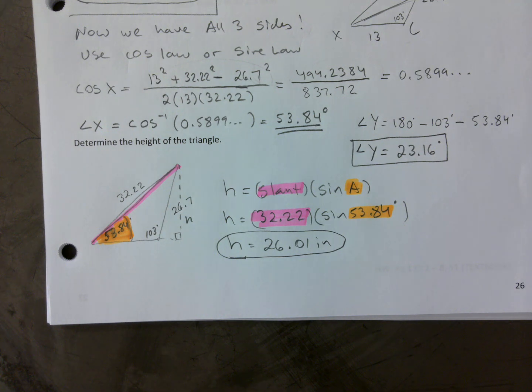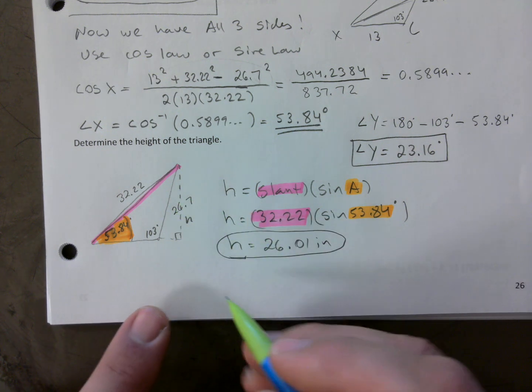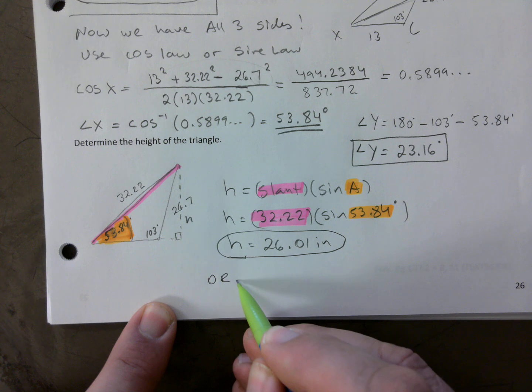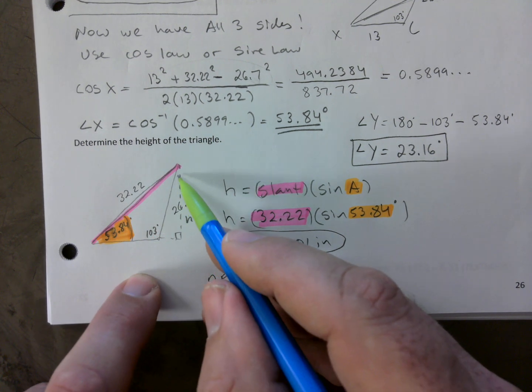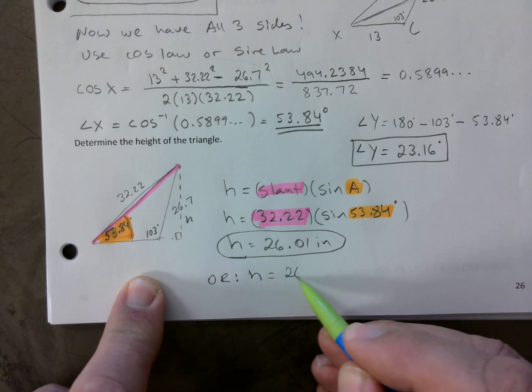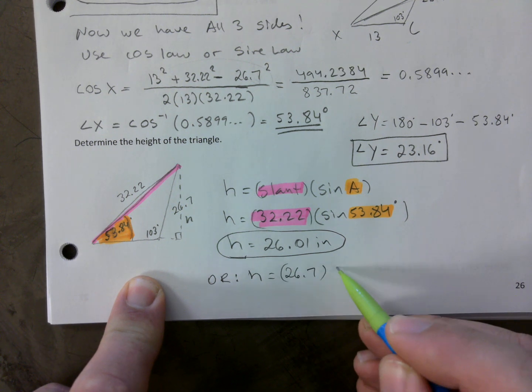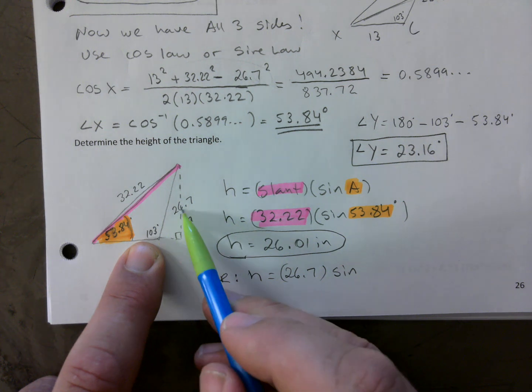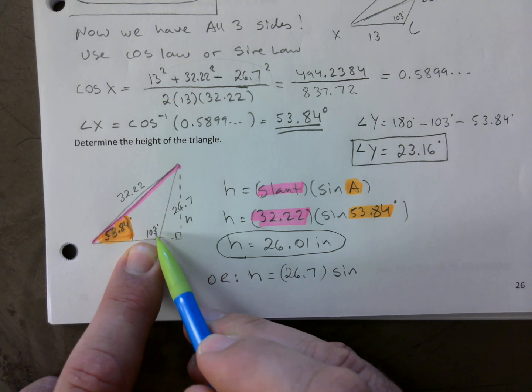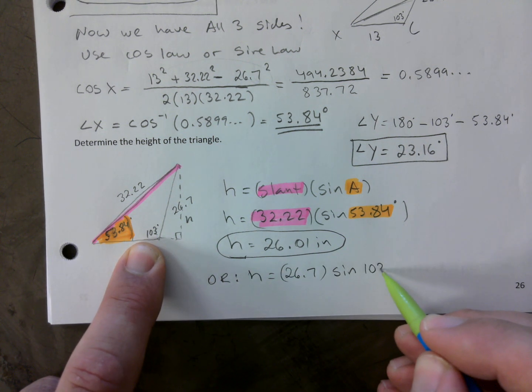Is there another slant? Is this one here? So I'm just going to say, or you could go 26.7, this is 26.7, times sine of the angle that's touching 26.7, it's 103, right? So you go times sine of 103.